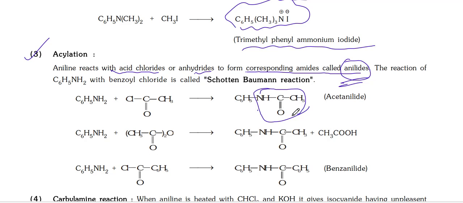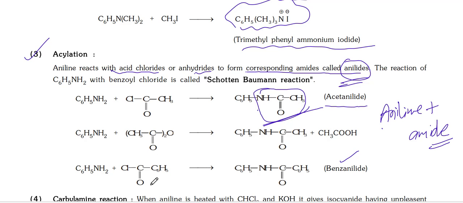Amide and aniline, so this is anilide. Acetanilide: this is an acetyl group. Next, if a benzoyl group is there, then benzanilide. The benzoyl group, acetyl group: acetanilide, benzanilide.